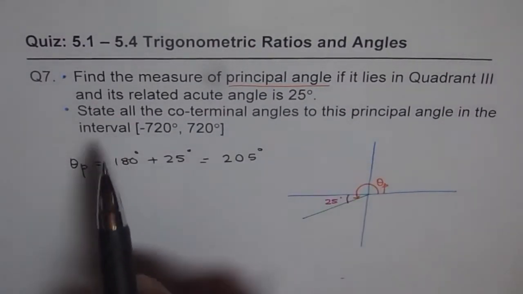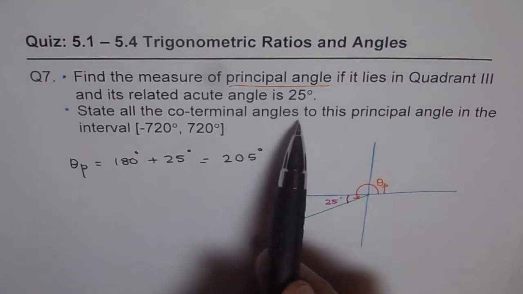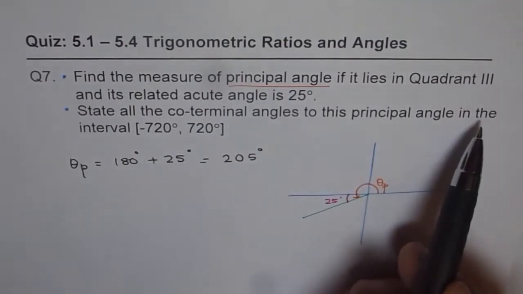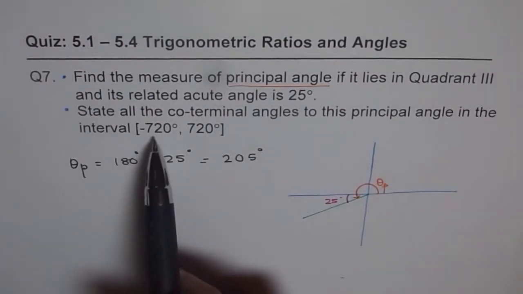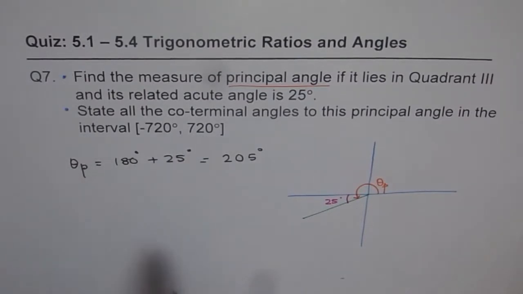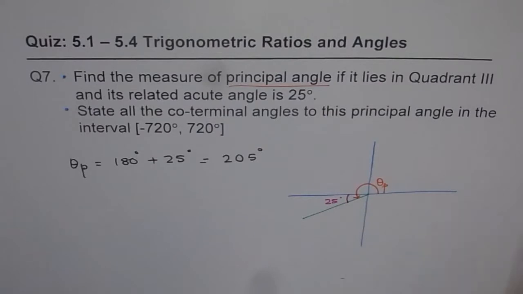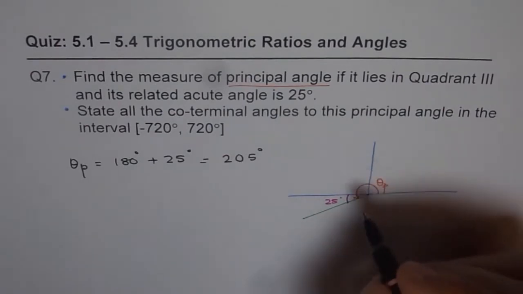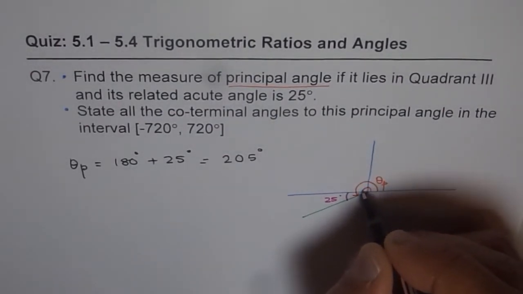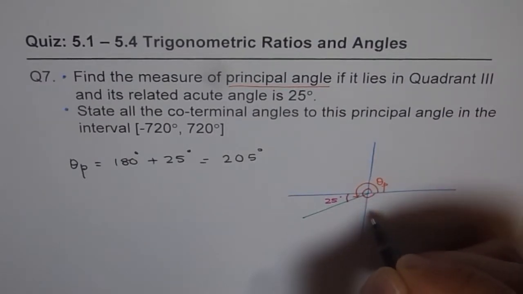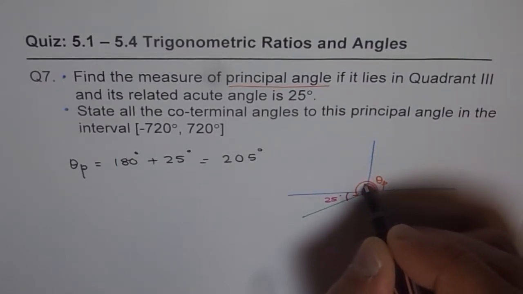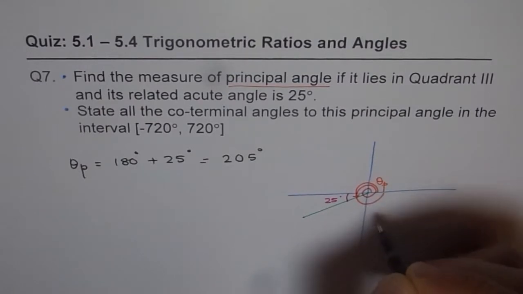Part 2 is state all the coterminal angles to this principal angle in the interval minus 720 to plus 720. That means two more circles, correct? If we do one full circle, that is 360 degrees, then another circle, 720 degrees.